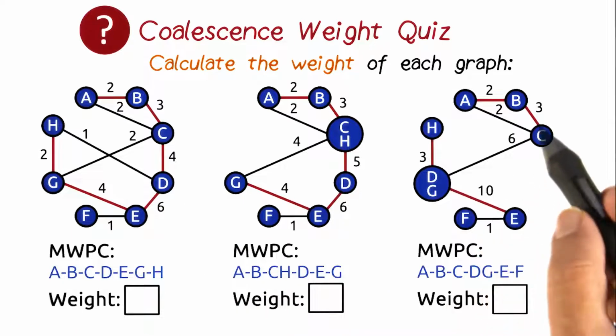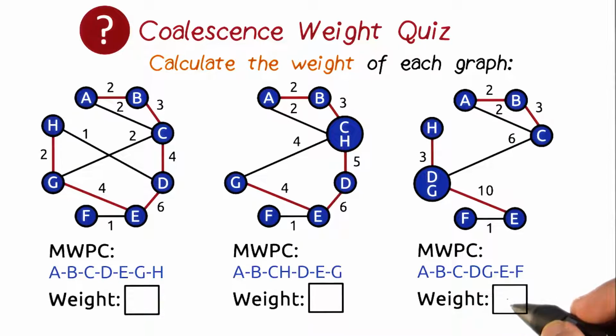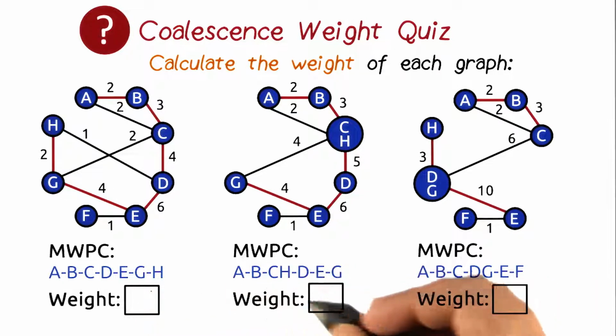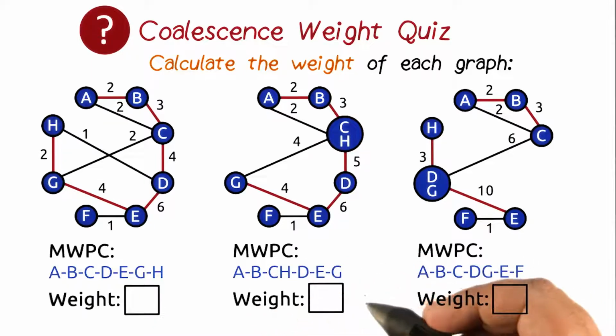And with regard to that, again we did the MWPC on it. Please go ahead and write the weight that is found by the MWPC as the profit of this solution. So in these 3 boxes corresponding to these MWPC solutions, please go ahead and write your answers now.